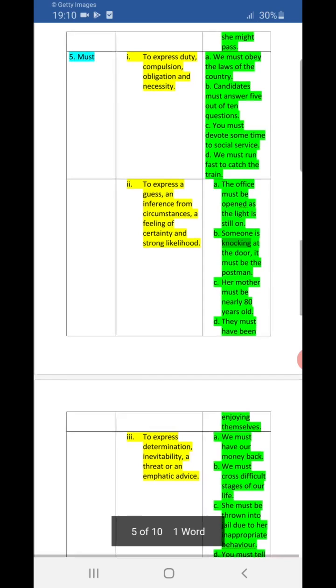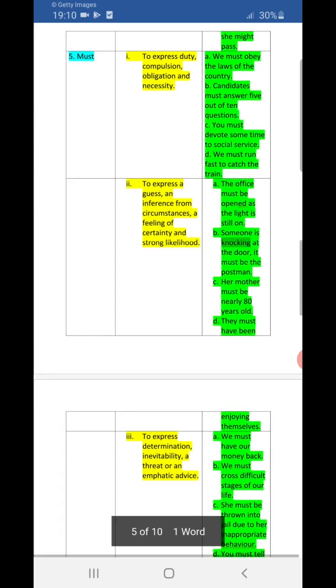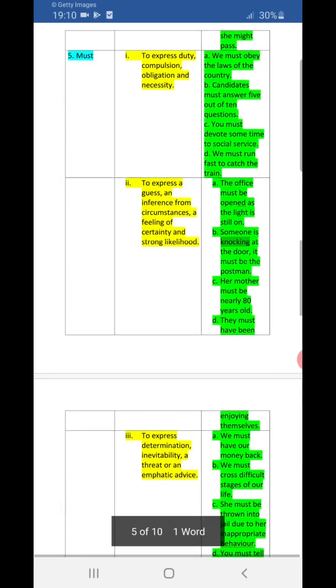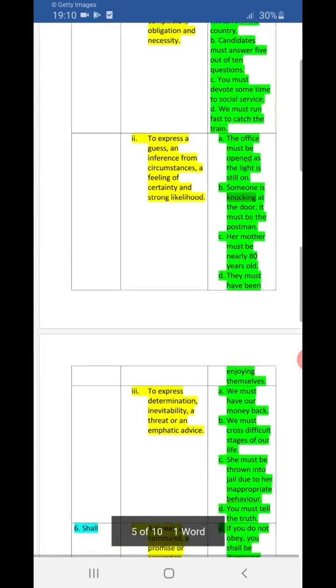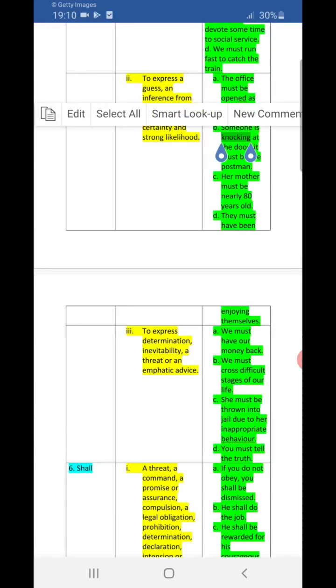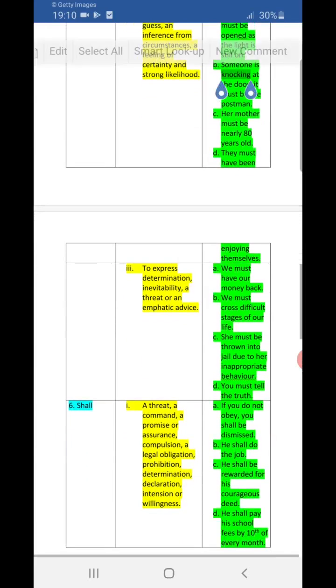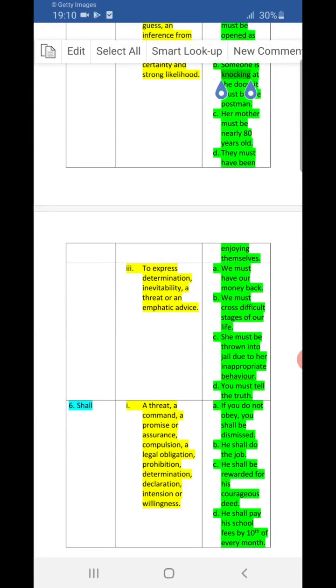So here basically she, her mother. Okay. Next, number D. They must have been enjoying themselves. So here also a kind of certainty has been revealed that they must have been enjoying themselves.